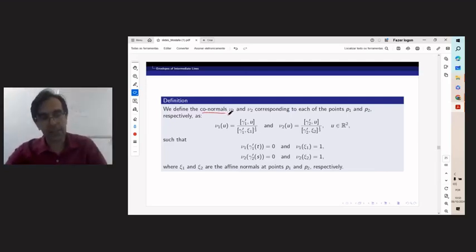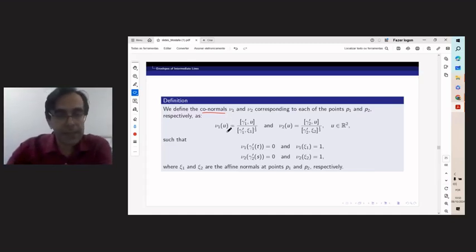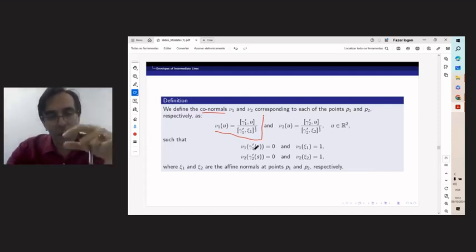Conormals are functionals whose definition is given like this, and they have this property: when they act on a tangent vector, the result is 0, and when they act on a conormal vector, the result is 1. This we call conormal functions.